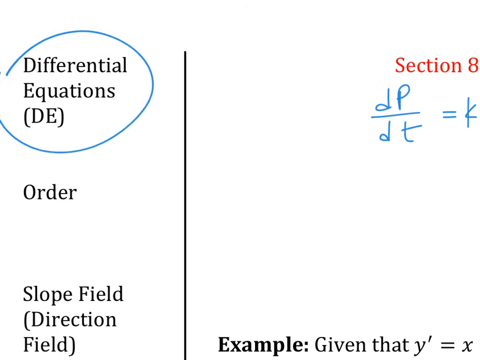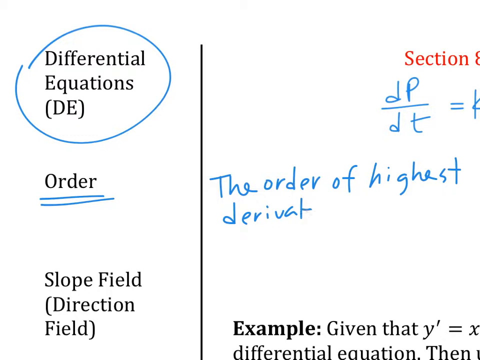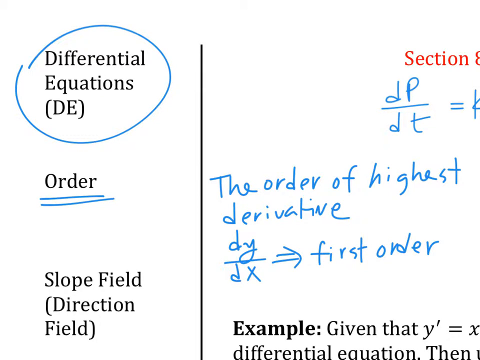Now, this has to do with order. So what order means is the order of highest derivative. Okay, so what does that mean? For example, dy dx is first order, meaning the first derivative.